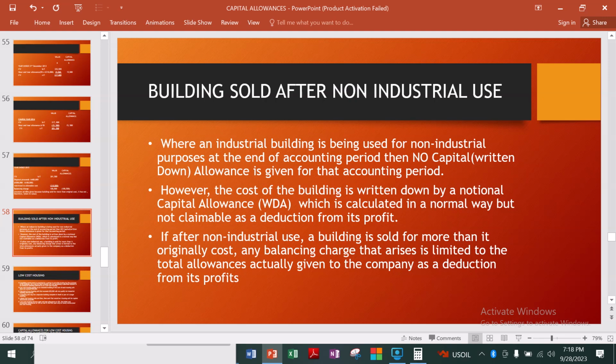Okay, so if after non-industrial use a building is sold for more than its original cost, any balancing charge that arises is limited to the total allowances actually given to the company as a deduction from its profits. So that's how it is done. You have to take note of that as well.